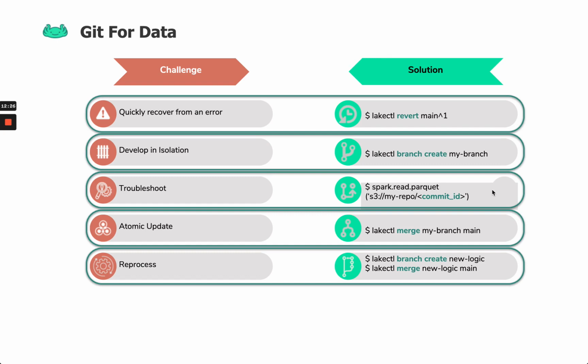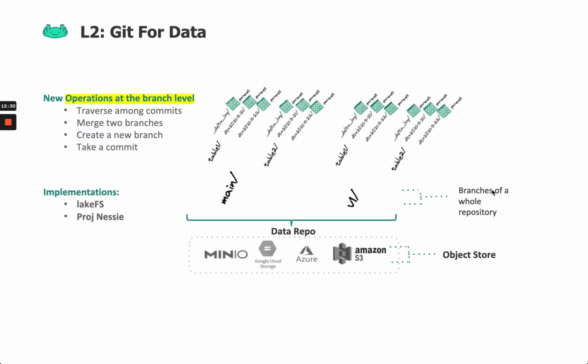All right, so we went over Git for data. We understand that now we can operate and do all these exercises at the branch level, so we can start developing a branch strategy and think a little bit out of the box on how we go about that. And there are two open source projects currently available in the ecosystem.